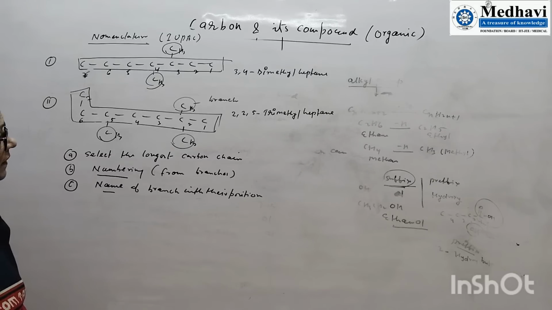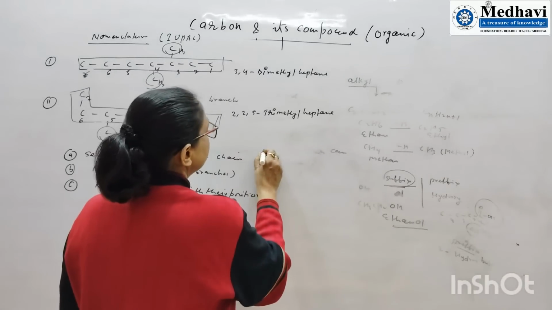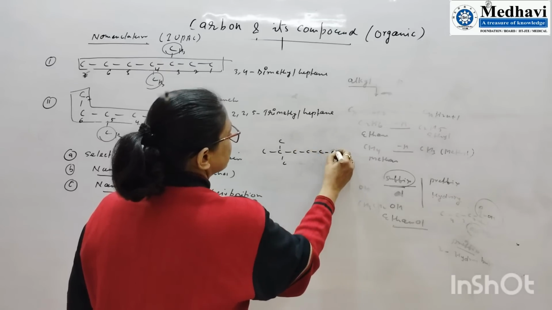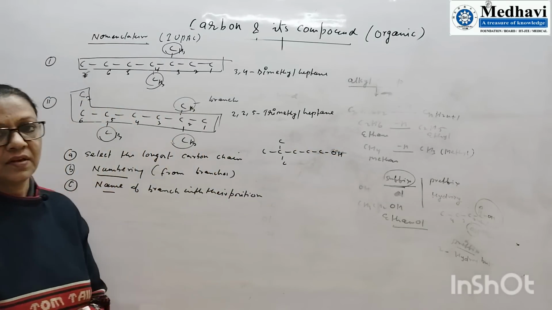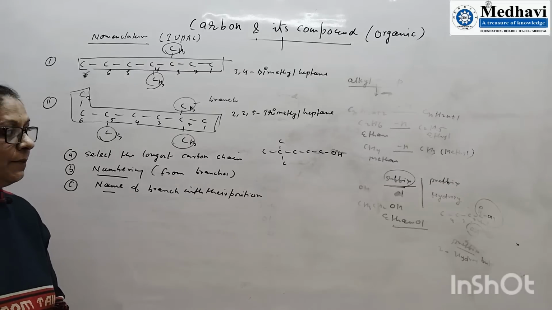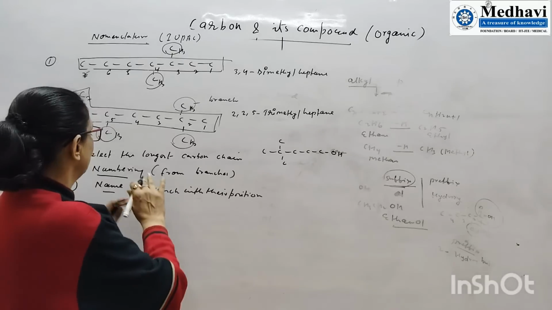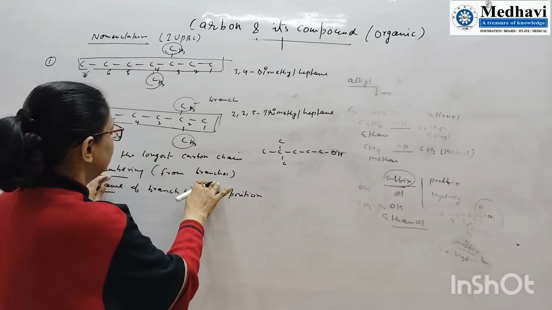But if there is a functional group in the compound, suppose this is the compound, in this case we have to take numbering from the functional group side. This rule will change from branches.